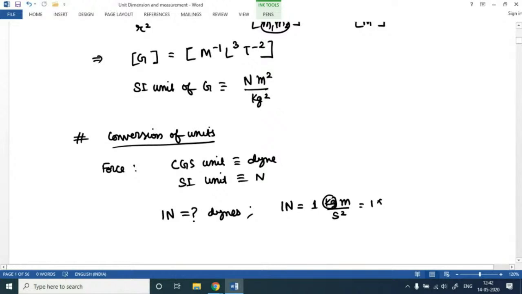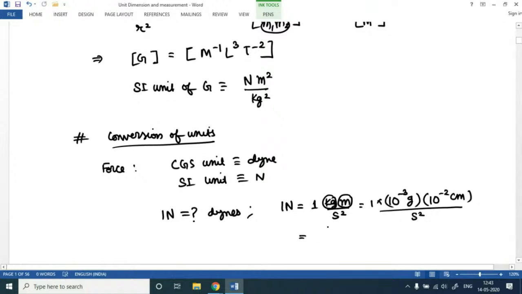So kg we must convert into gram, and that is going to be 10 to the power minus 3 grams over here. Similarly, the unit of length, that is meter, in CGS unit system is centimeter. So 1 meter I should convert into centimeter, and that would be 10 to the power minus 2 centimeter over here. And the unit of time is second in both CGS unit system and SI unit system. So this is going to be S square.